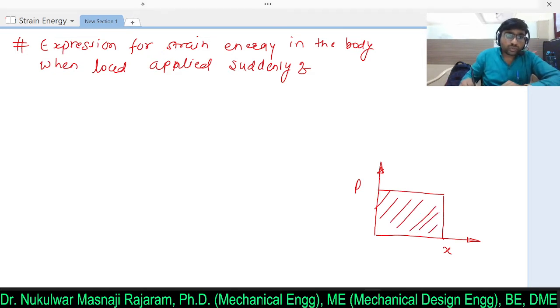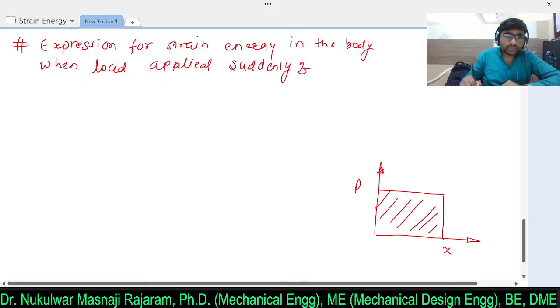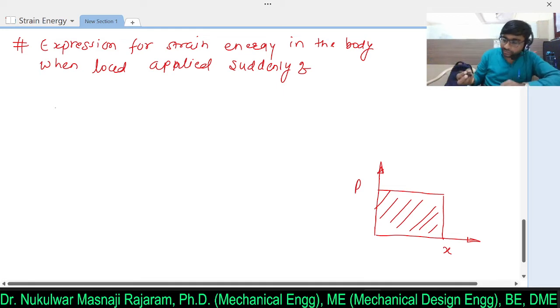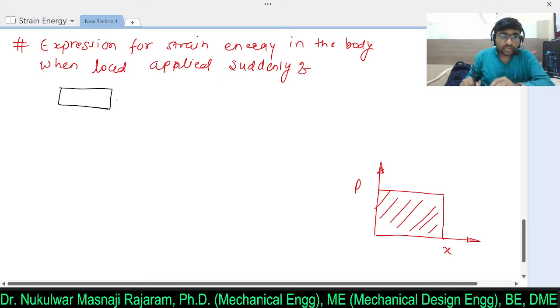Clear? So let's start the same derivation. First we need to find the work done, then we will put the value of force and elongation in terms of sigma and e, and then we will get the expression. Clear? So remember, when the load is applied suddenly, this is a bar, and let's say this is fixed, and suddenly you apply the load.